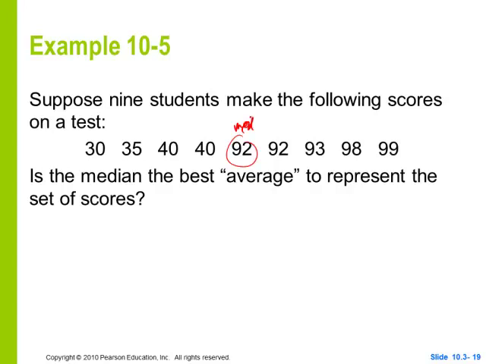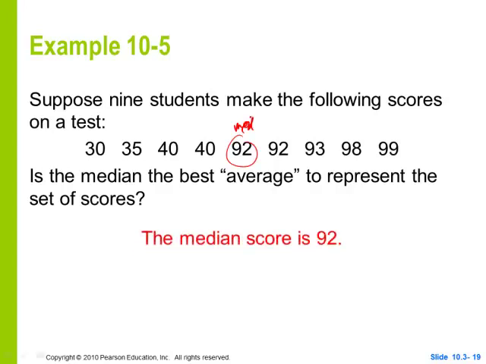Looking at these scores, if I said the center is 92, you would think things are spread out differently than they are. It's misleading to use that number as the measurement of center, and maybe in this case we want to use the average, as in the mean.